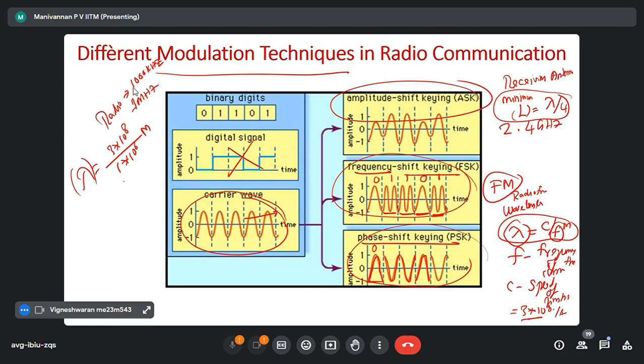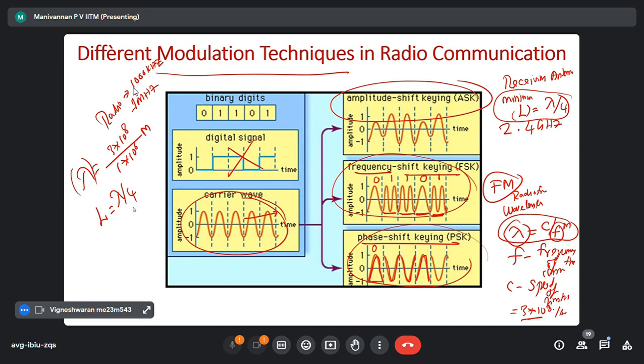Now, what about the receiving antenna? For good quality reception, the receiving antenna length L equals lambda by 4. You can calculate. The same holds for any radio communication: take the transmitted carrier frequency, divide C by it to get lambda.